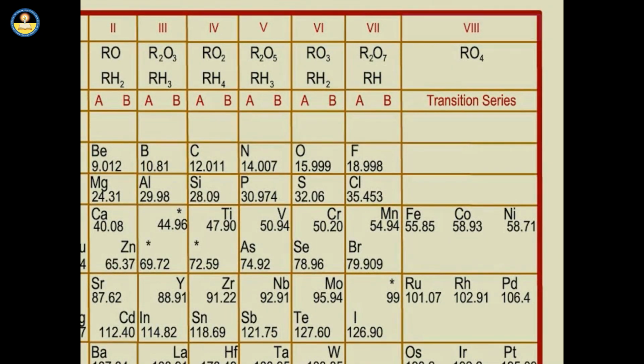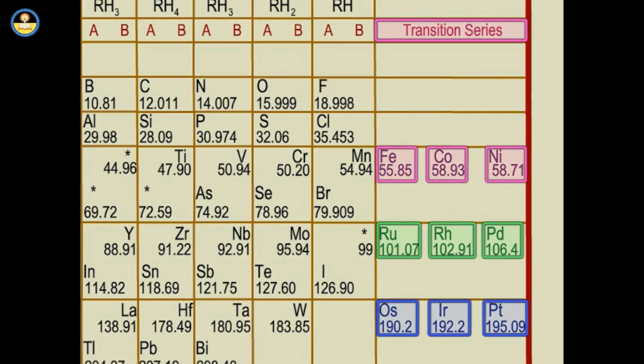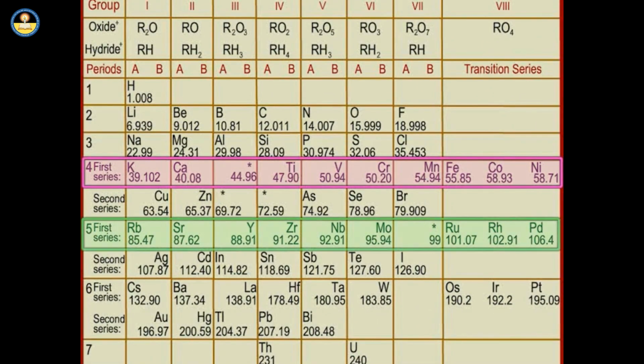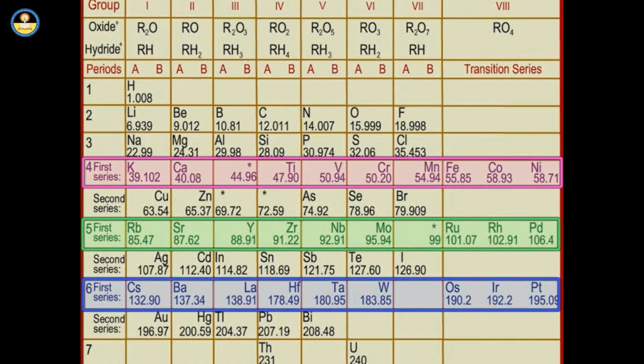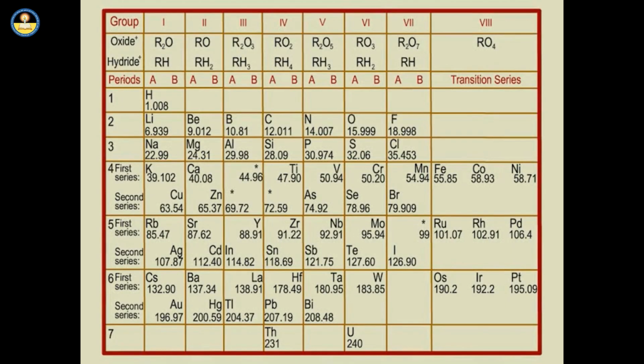Group 8 contains 9 transition elements in 3 sets, each containing 3 elements. These 3 sets lie in the 4th, 5th and 6th periods. The noble gases were not known at the time of Mendeleev.